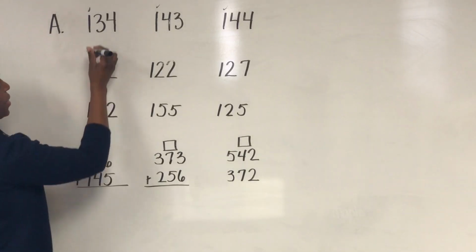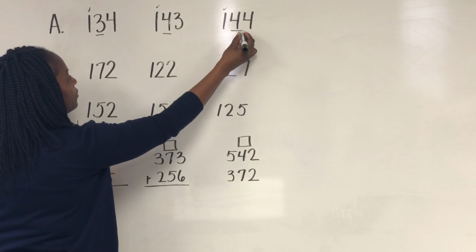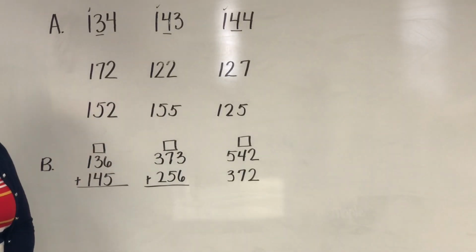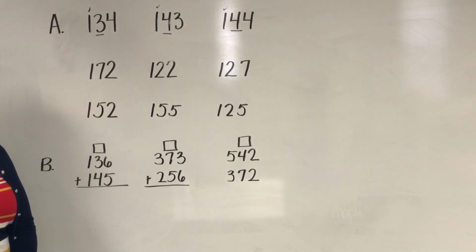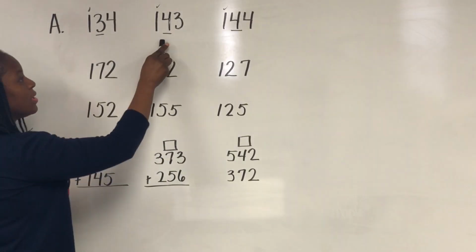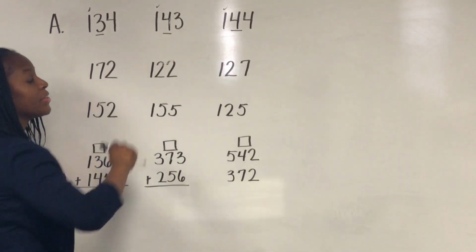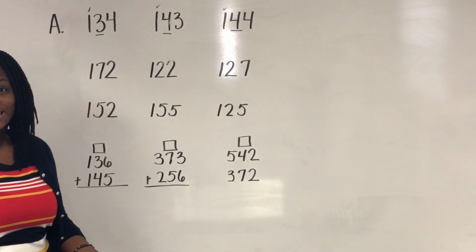We have a 3 here, a 4 here, and a 4 here. So which one is greater, 3 or 4? 4 is greater than 3. However, these two numbers have a 4 in the tens place, so it's the same.